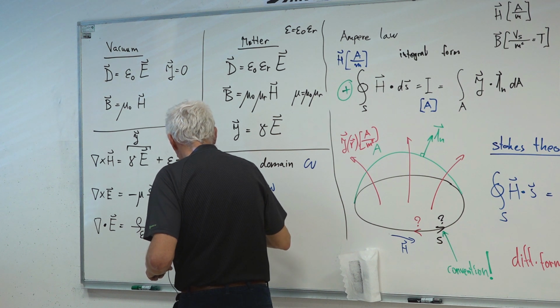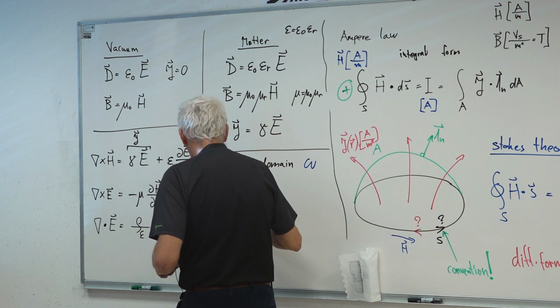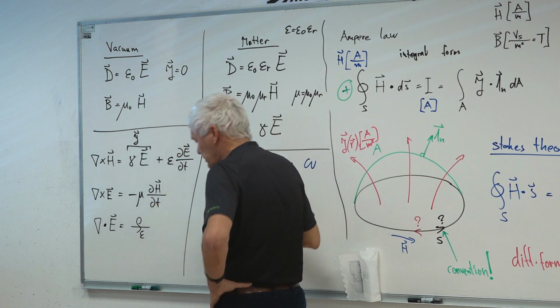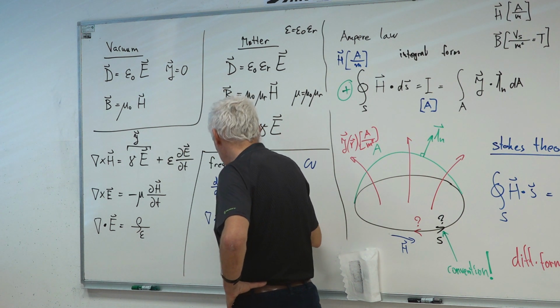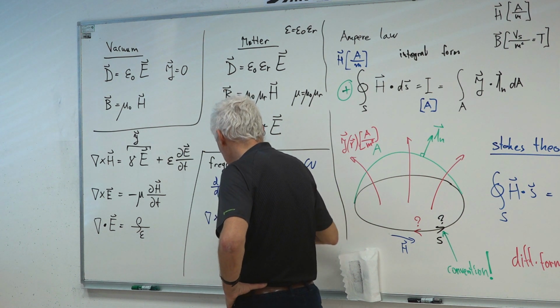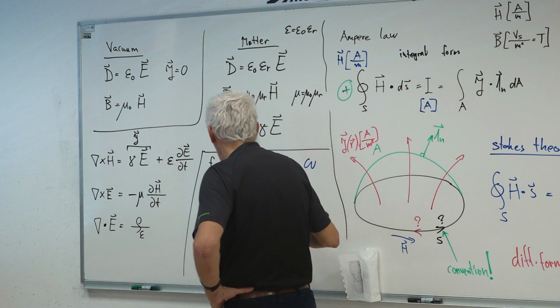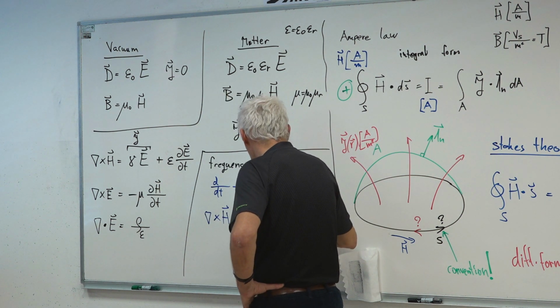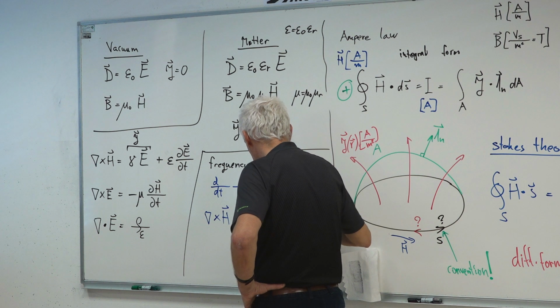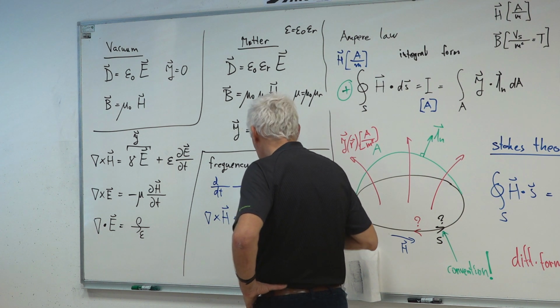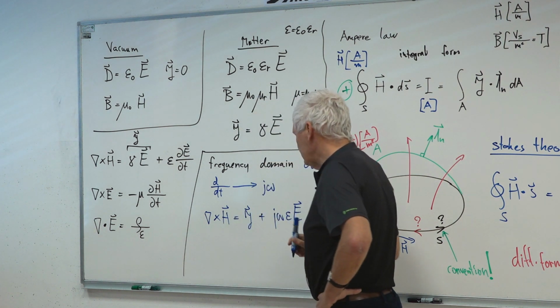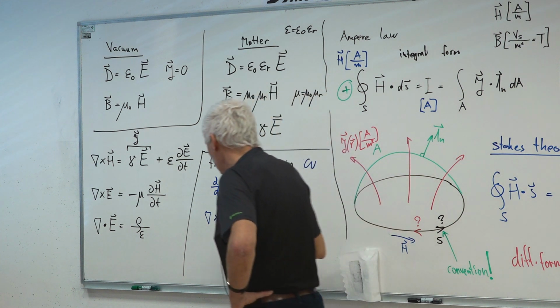They are complex numbers. So the curl of H, we can also compute the curl on complex quantities, that's not a problem, is now current density J plus j omega epsilon electric field. So the derivative is replaced by j omega.